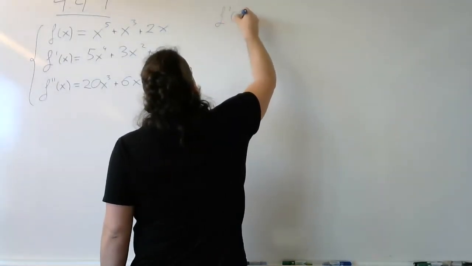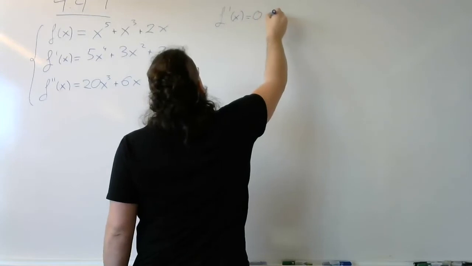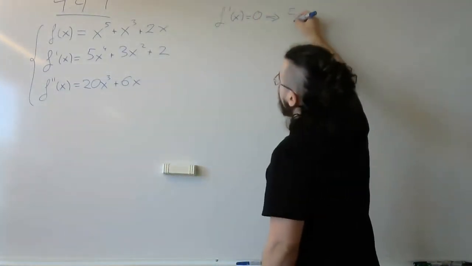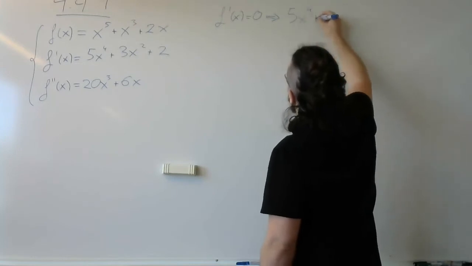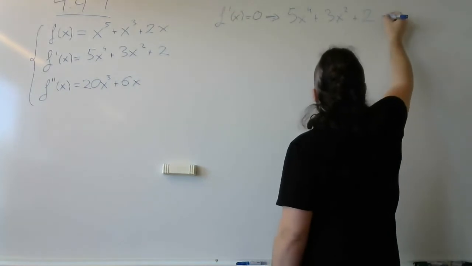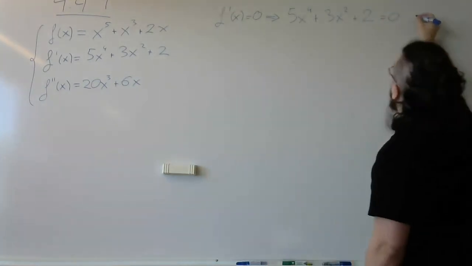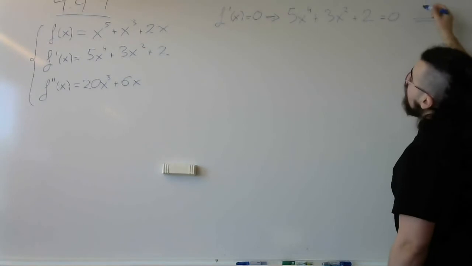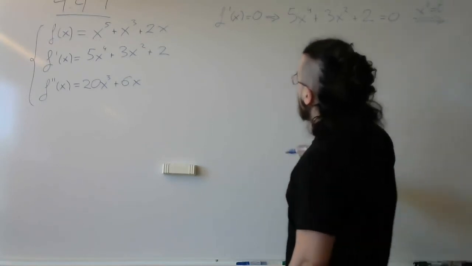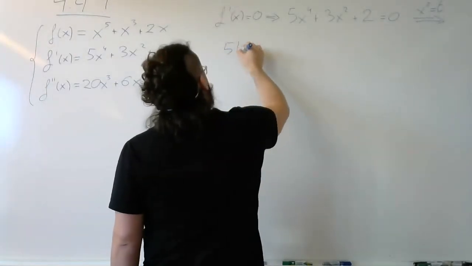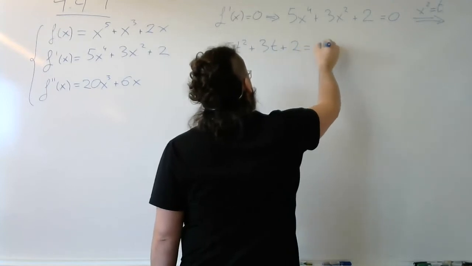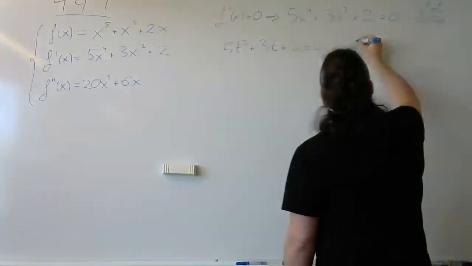First thing we're going to do, and we're going to solve this using this change of variable. We have 5t squared plus 3t plus 2 equals 0.